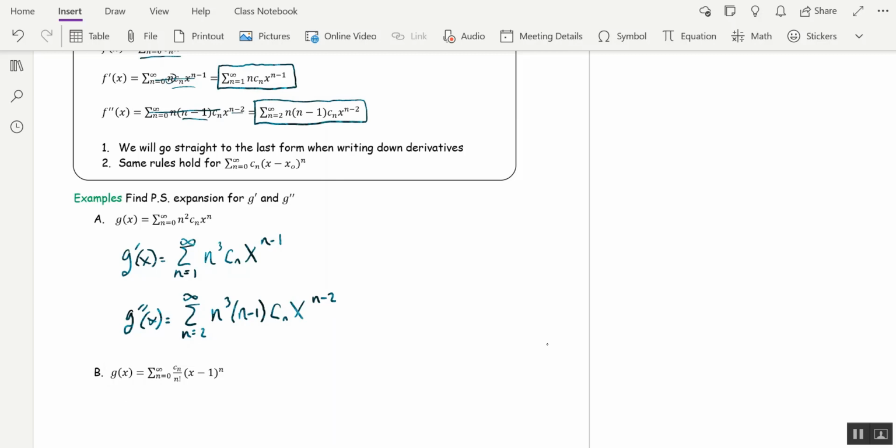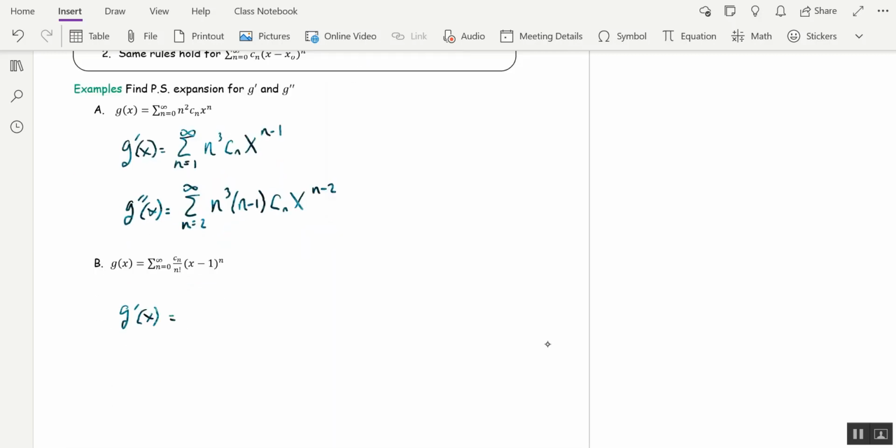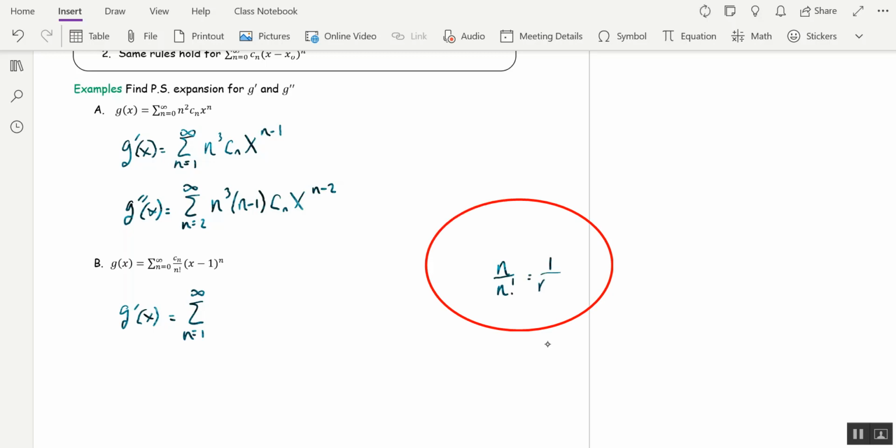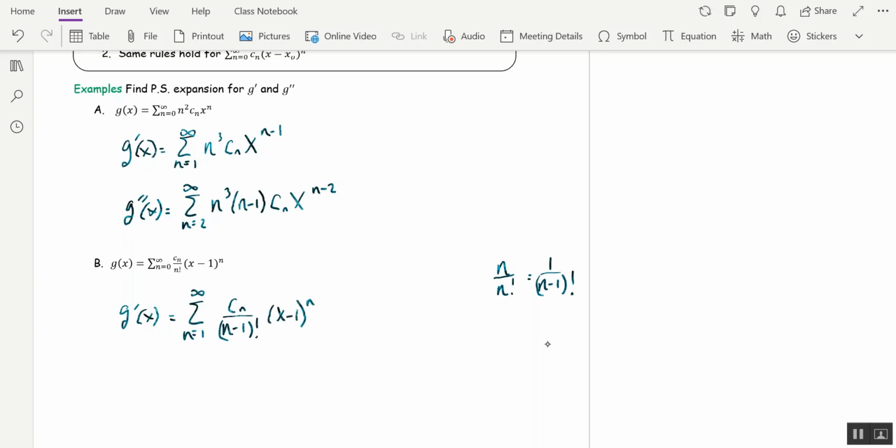All right, let's just do one more of these. G prime is the sum, n equals 1 to infinity. If I bring an n down, n over n factorial is 1 over n minus 1 factorial. So my new coefficient will be c_n over n minus 1 factorial, x minus 1 to the n minus 1.